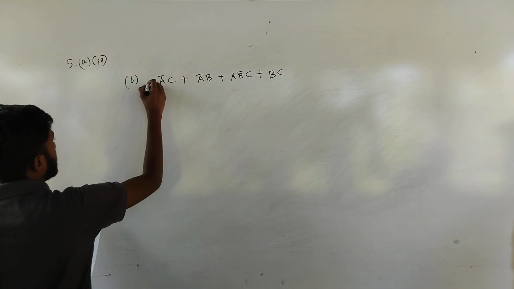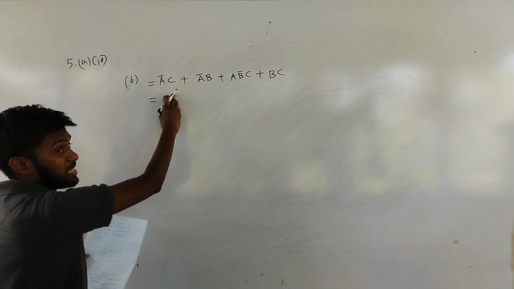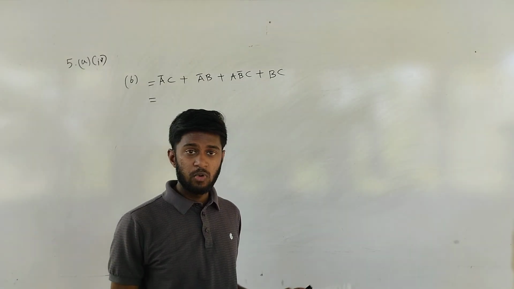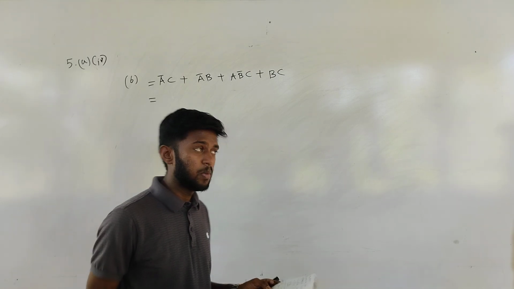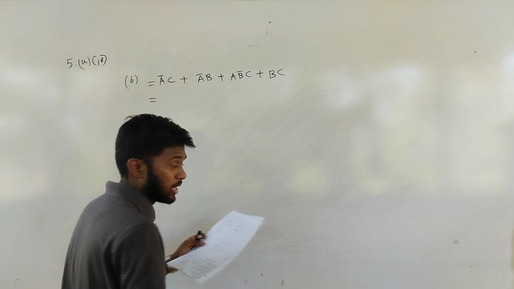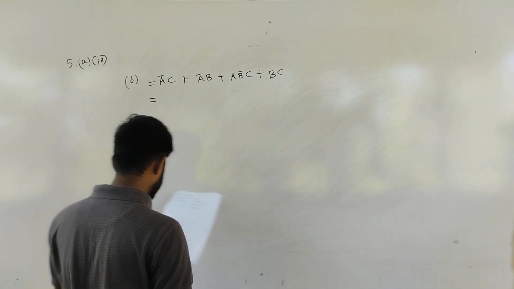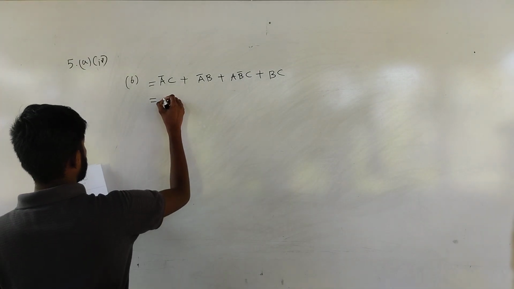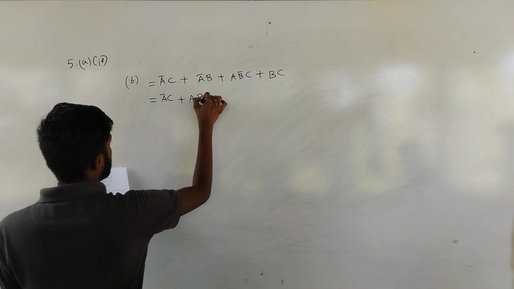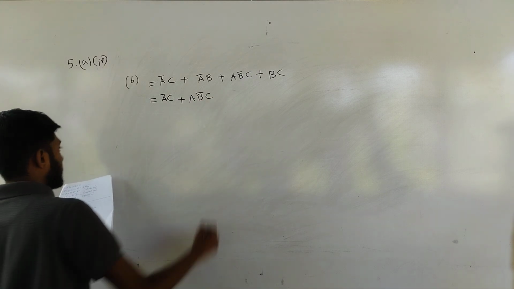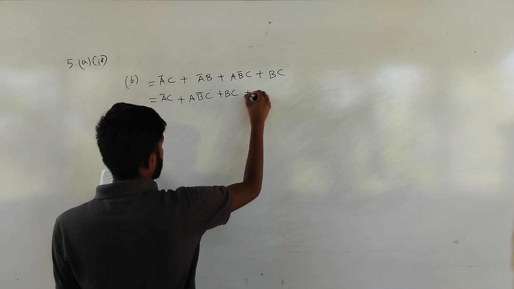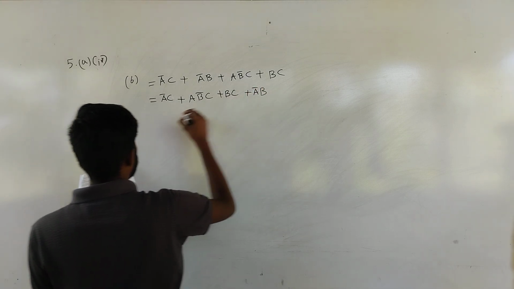Then now you can see that C is common for three terms. What's the law? Distributive law. Make them common, get the common, right? So before getting the common, let me rewrite so it is easy for us to apply the distributive law directly. So let me rewrite this as A bar C plus A B bar C plus BC plus A bar B. Now apply the distributive law.